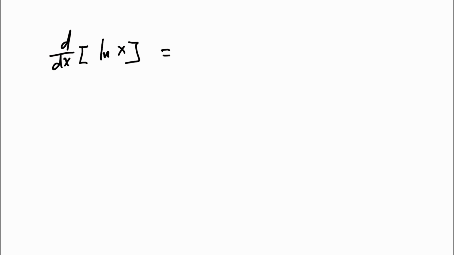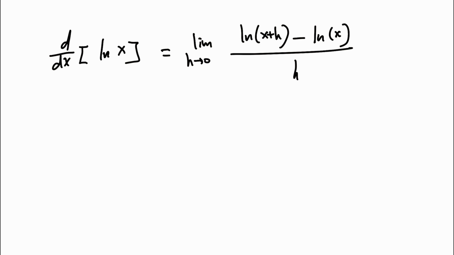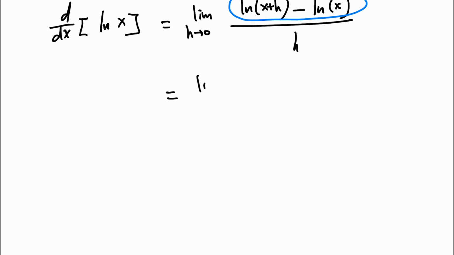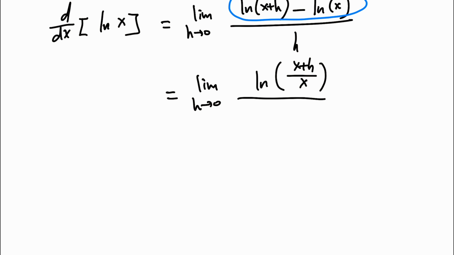That is equal to the limit as h approaches 0 of ln of x plus h minus ln of x over h. And obviously we can use the property of logarithm over here, so that would turn into the limit as h approaches 0 of ln of x plus h over x, over h.